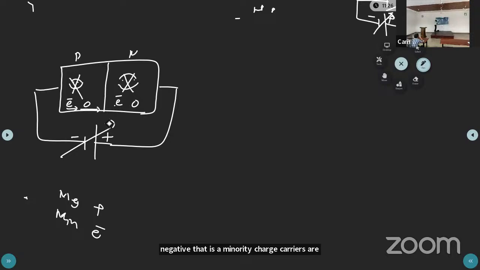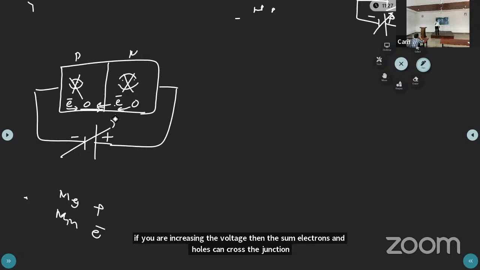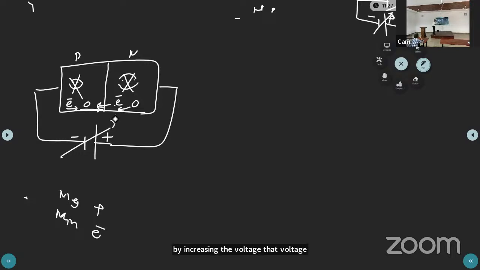And here this hole is also moving towards the depletion region. If you are increasing the voltage, then some electrons and holes can cross the junction. The electrons and holes are moving from N-type to P-type semiconductor.